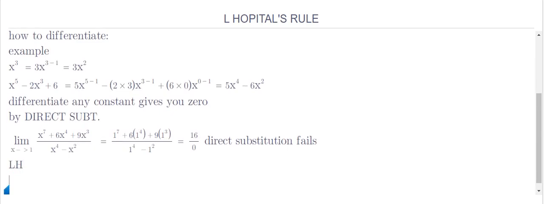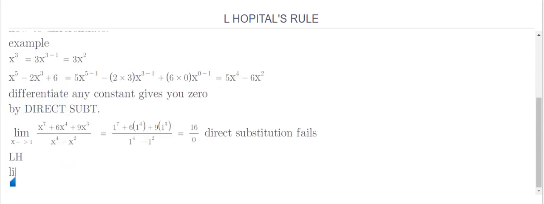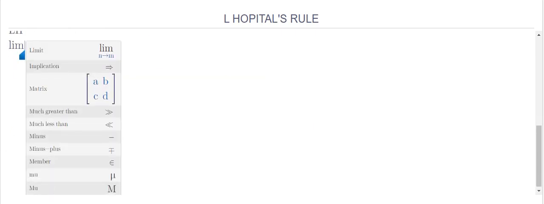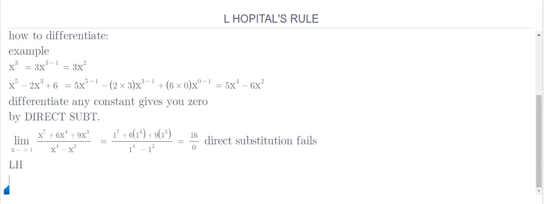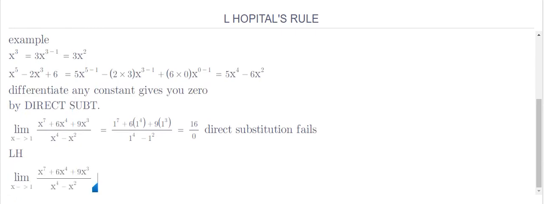LH, that's the short. So using L'Hopital's rule, then it means we are going to be having limit as x tends to that equals that.